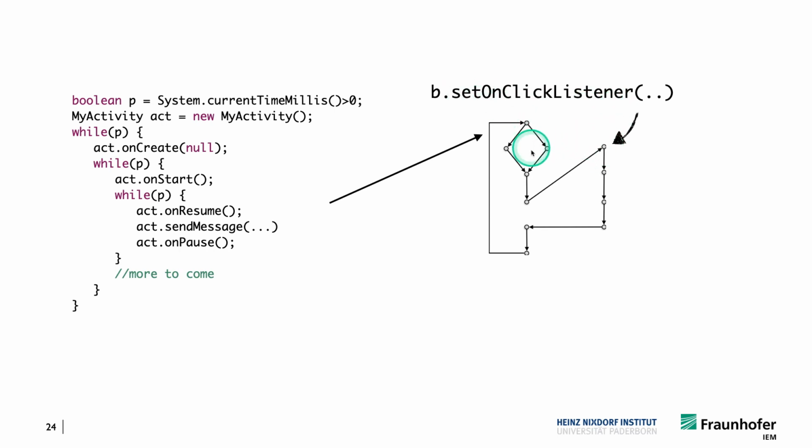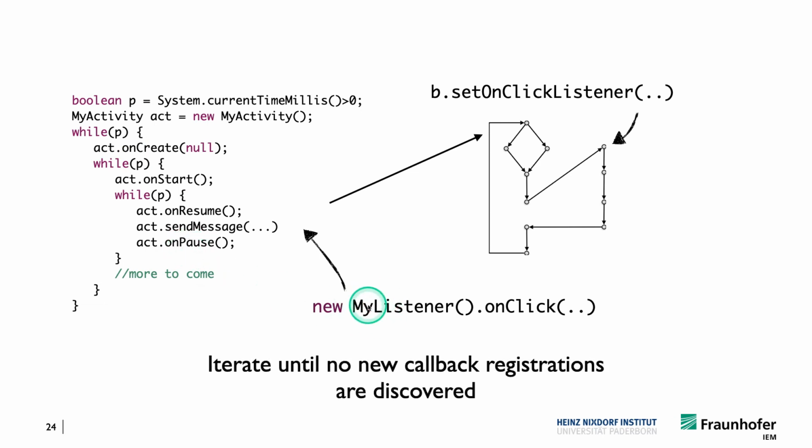So we find in the initial call graph that there is a call that will register another callback. And then we analyze what kind of callback is being registered here, and we augment this dummy main method that we already have. So we regenerate this method, and we add another call to this myListener onClick method here in this case.